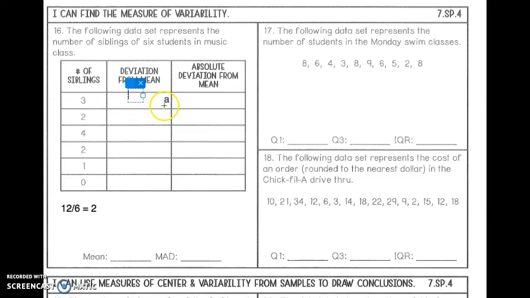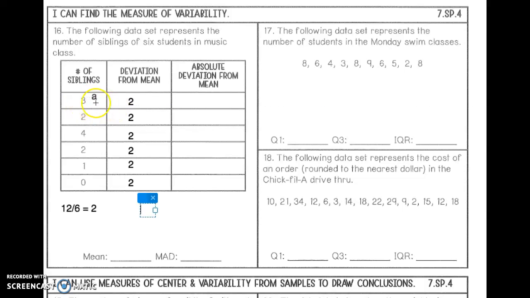I am going to put my mean in each one of these boxes so it's easy to see. So there's my mean. Now I can compare.